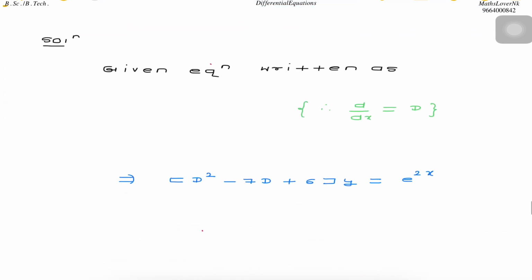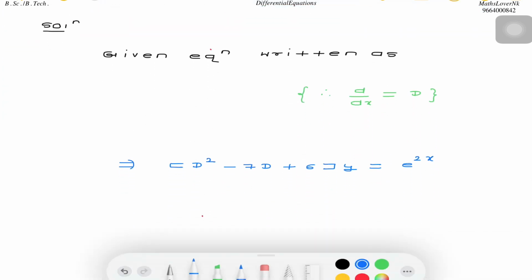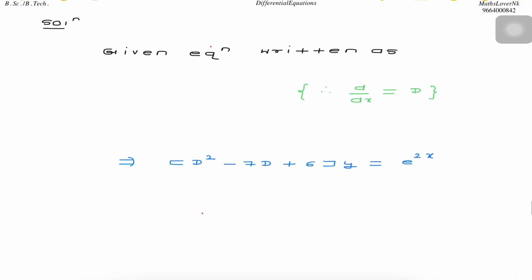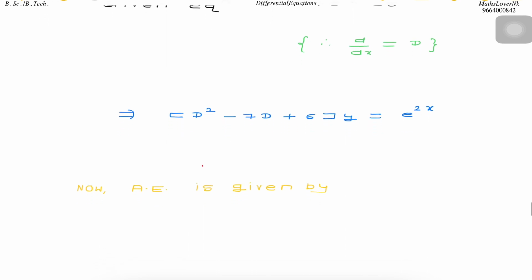Now the auxiliary equation, A stands for auxiliary equation, is given by: for finding the auxiliary equation, we put capital D is equal to m.